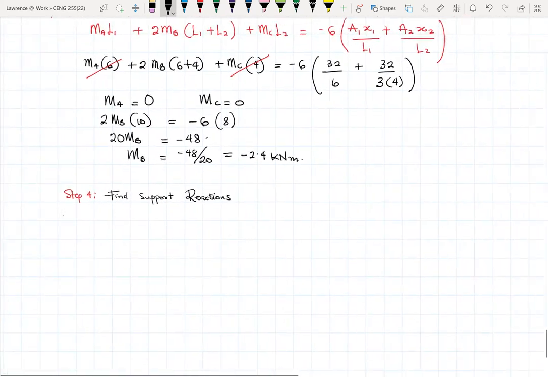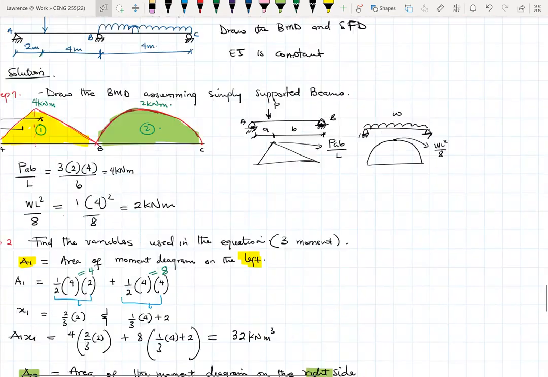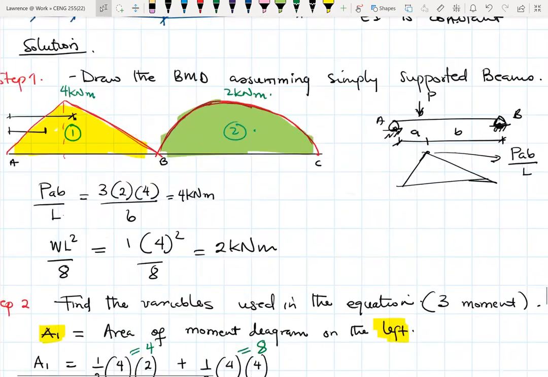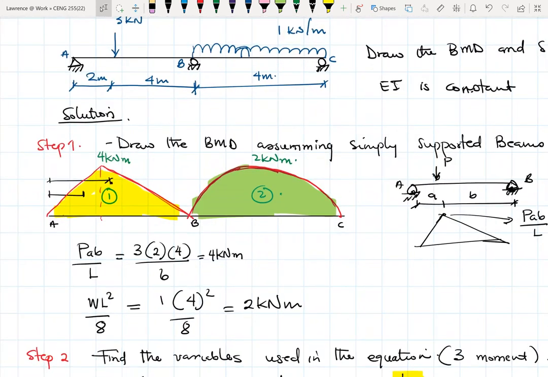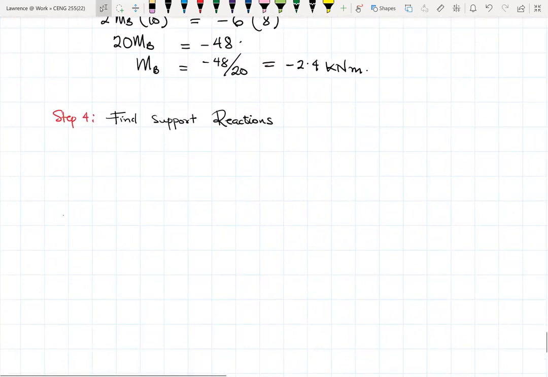So the best approach when we're drawing the bending moment diagrams, one of the assumptions we made is that the beams are simply supported. In the sense that at B we break our continuous beam into separate spans or separate segments, so that it makes it easier to use the equation. In the same vein, you could come here and have these.